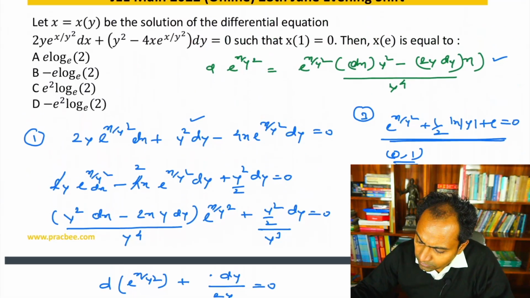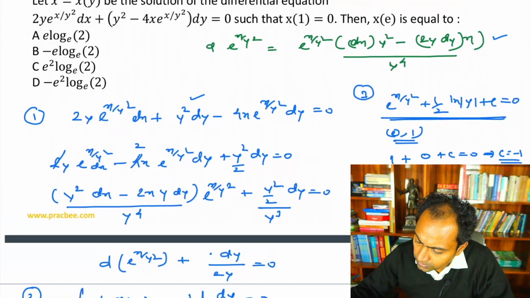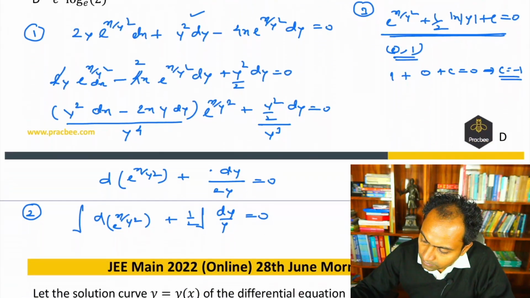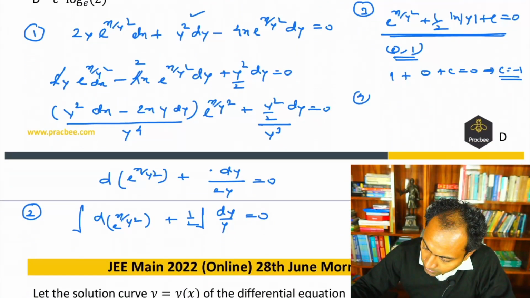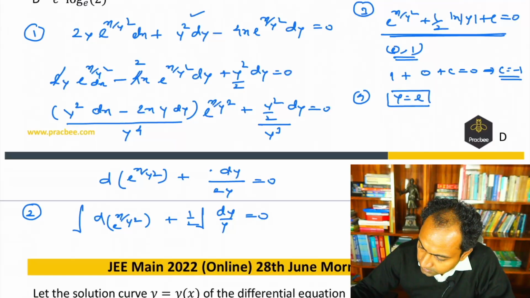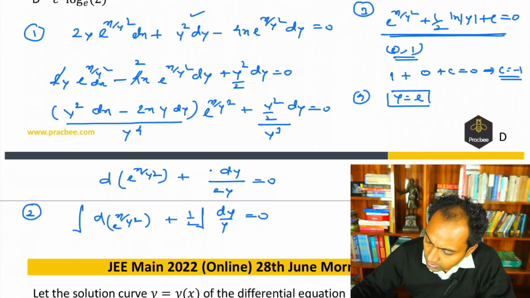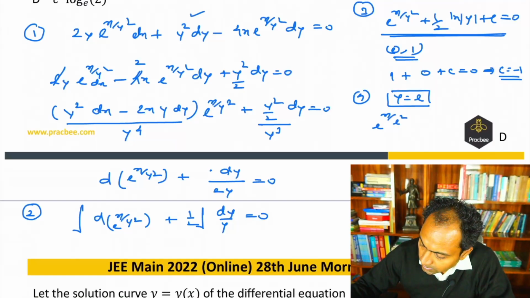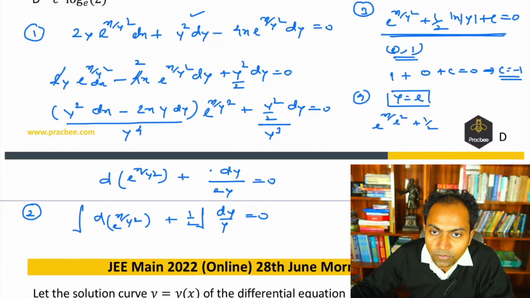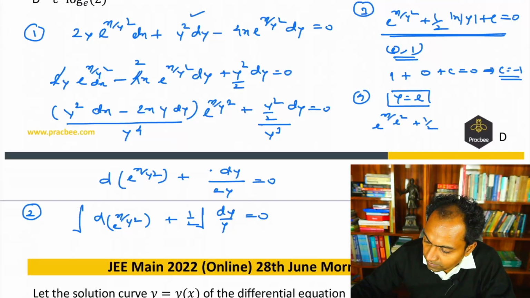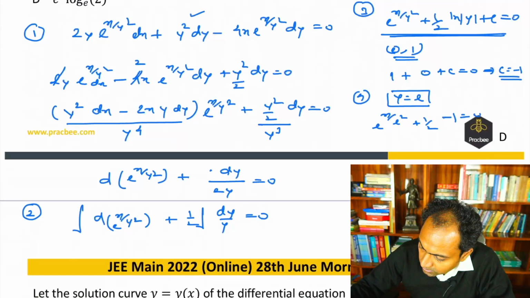In the next part, what they are asking is the value of x when we put y as e. In the fourth part, if I put y is equal to e, what will be the value of x? So let us put y is equal to e. So this will become e raised to the power x by e square. This will become 1 by 2. If I put y as nothing but e, this will become 1. c was minus 1, equal to 0.